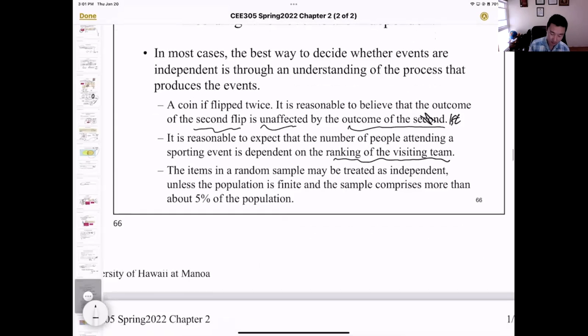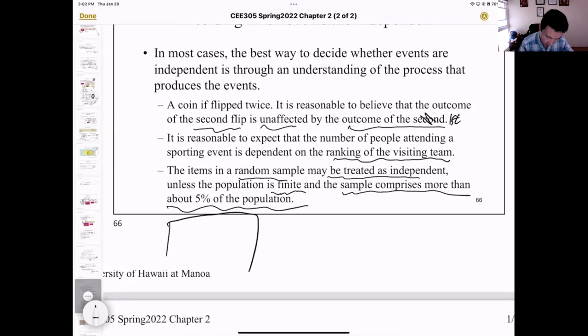Or in this situation, depending on the number of items from the sample, we discussed that before. The items in a random sample may be treated as independent unless the population is small enough, which means the sample size is more than 5% of the whole population. Remember in the previous lecture, we talked about two examples.